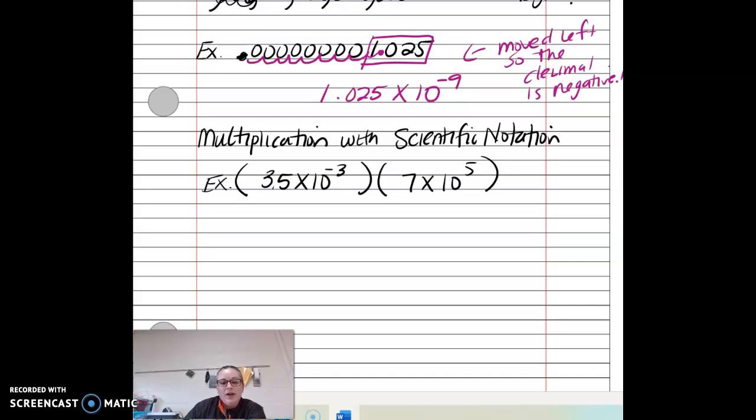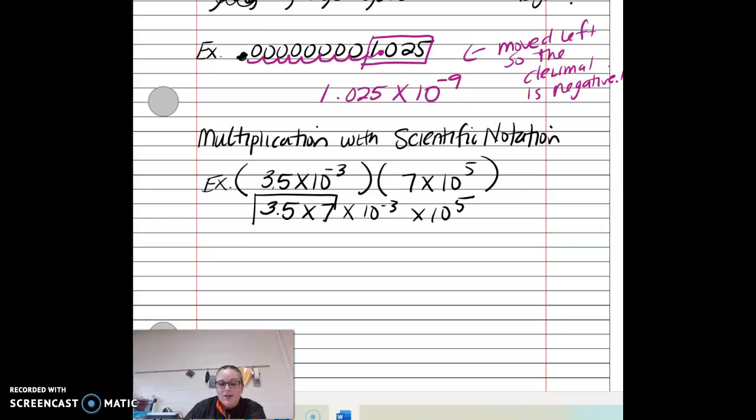So here we have numbers being multiplied. Everything here is being multiplied. So what I would do is switch the order, where I'm going to take my A's, my 3.5 times the 7, and then I have my exponents, 10 to the negative 3rd times 10 to the 5th.